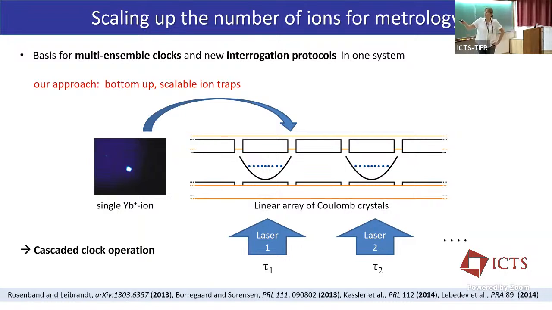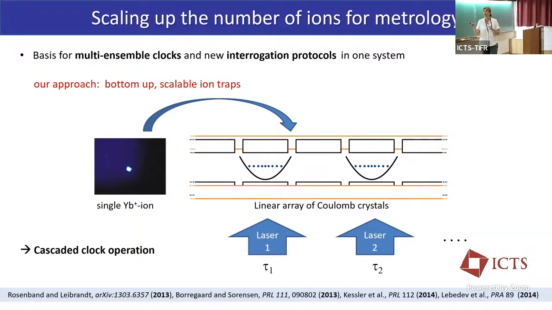And every clock 1, 2, and 3 always gives you the information of the phase of the laser, and you can feed back on the laser. And then you measure with 1/tau, very quickly you average away the laser noise, and you can ultimately extend the interrogation time. And that's very powerful because then you have a 1/tau scaling and not 1/√tau.